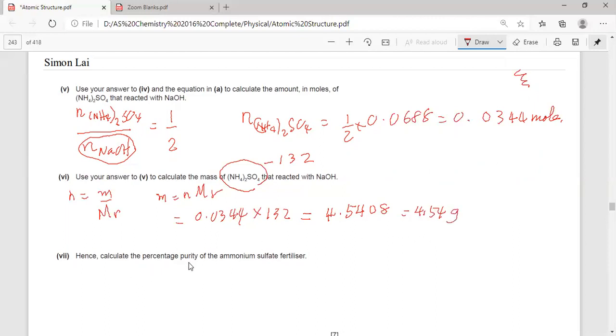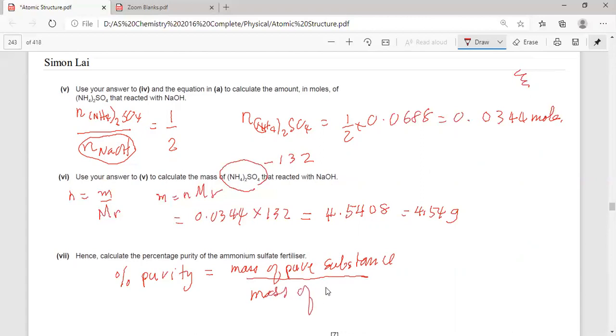So, calculate the percentage purity of ammonium sulfate. Remember, percentage purity is equal to mass of pure substance over mass of sample. The sample means the one that's got impurity as well, times 100. Okay, so 4.54 over 5.0.